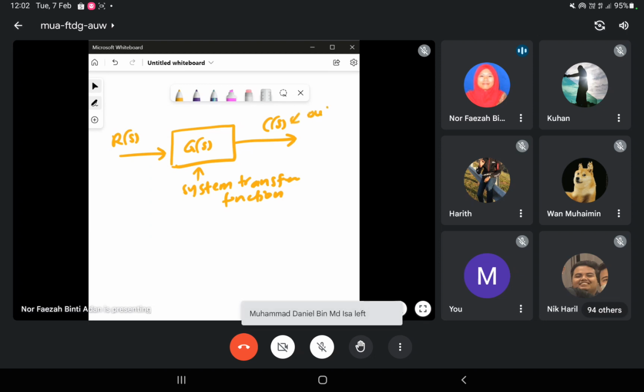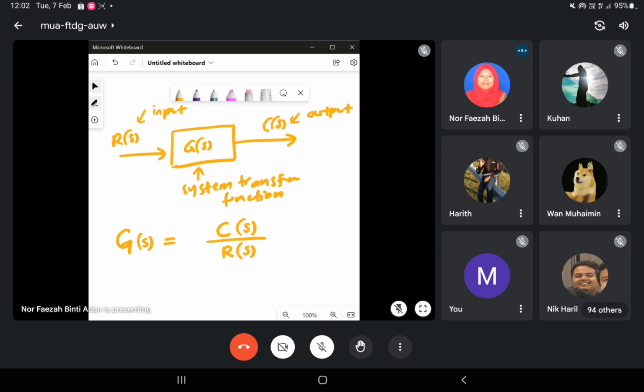C(S) is your output and R(S) is your input. If we rearrange the equation, G(S), the system transfer function, equals output C(S) over input R(S). By definition, the transfer function is given by the ratio of output over input, so we just rearrange it.